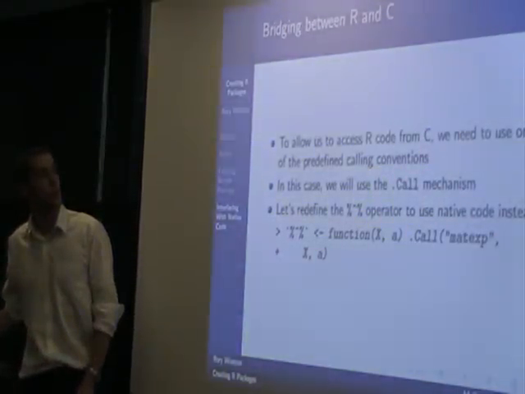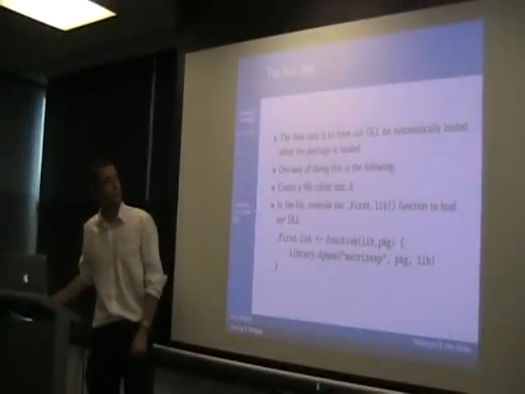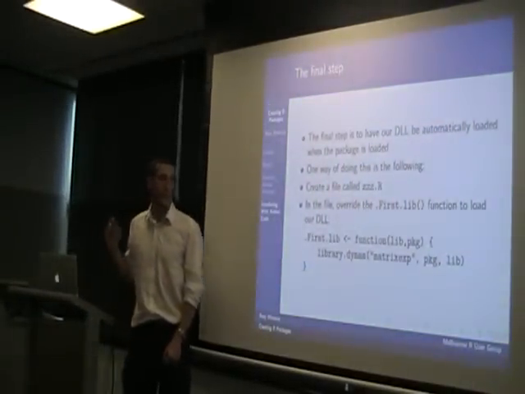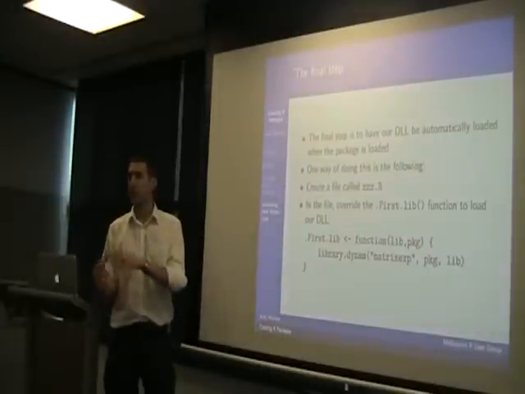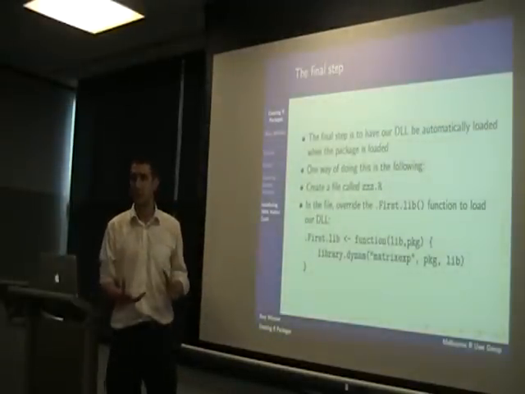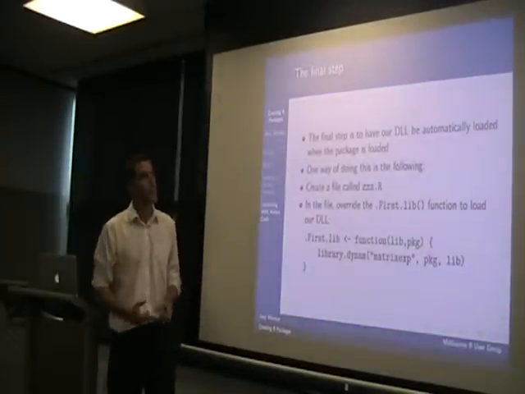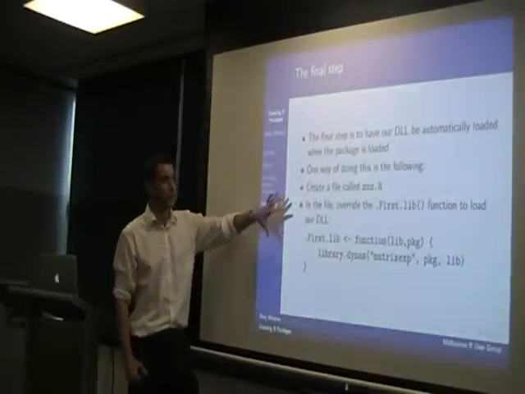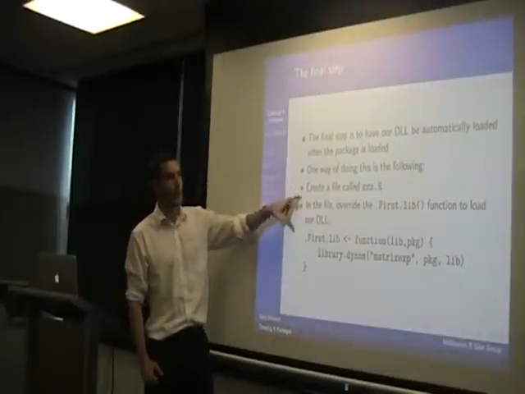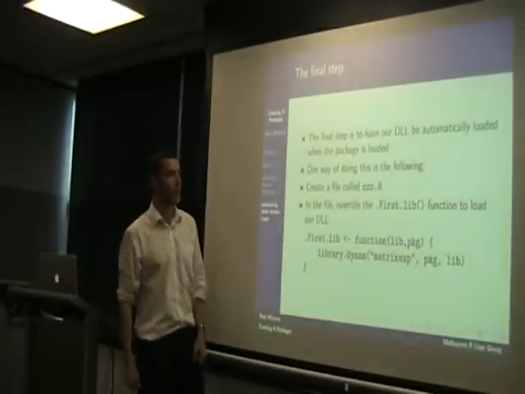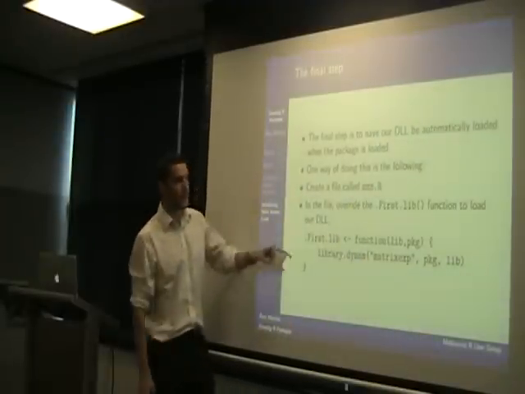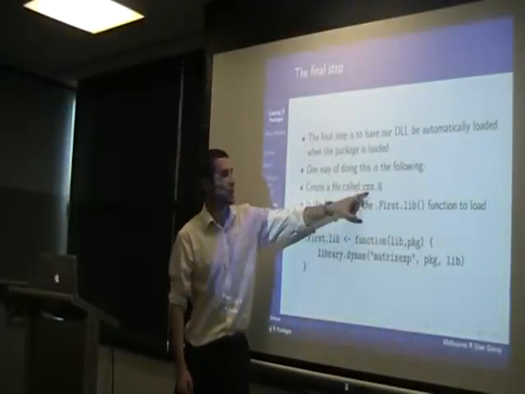I'll just go quickly. The very last step: we've created a shared library, and now we want it to be automatically available when we load our package. If you remember, I said R is an eccentric, quirky language. The default way of getting this to work is you create a file called zzz.R, and I have no idea why it's called that.